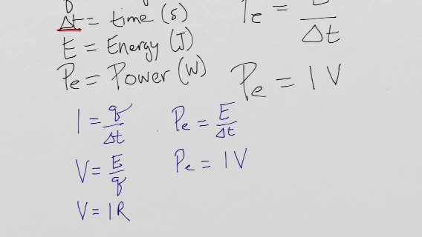So seeing all of these equations right here in front of you, okay? If I have to solve for I, what do I have at my disposal? I have I equals Q over delta T. What else do I have?